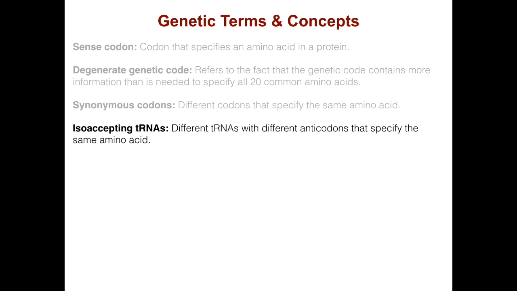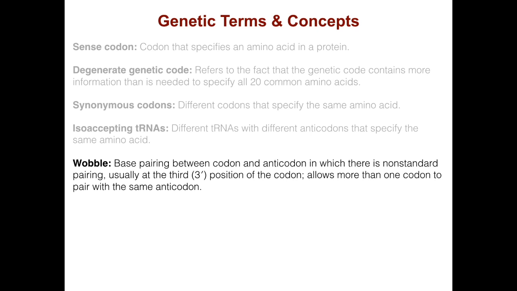Isoaccepting tRNAs, different tRNAs with different anticodons that specify the same amino acid. Wobble, base pairing between codon and anticodon in which there is non-standard pairing. This usually occurs at the third position of the codon and allows more than one codon to pair with the same anticodon.